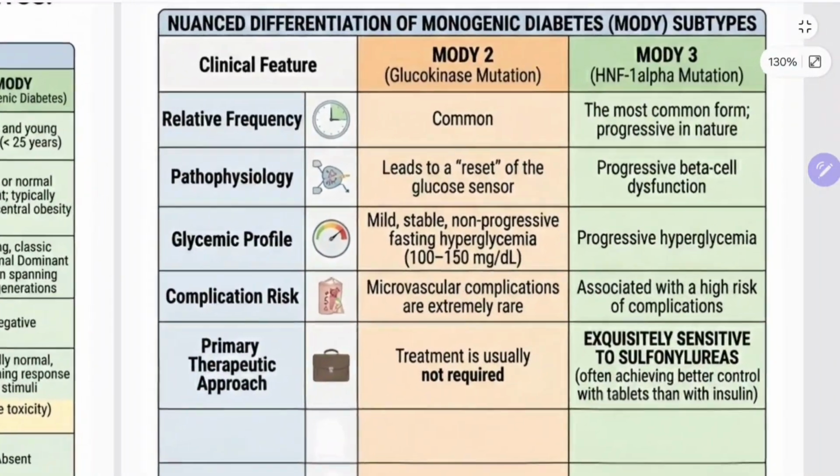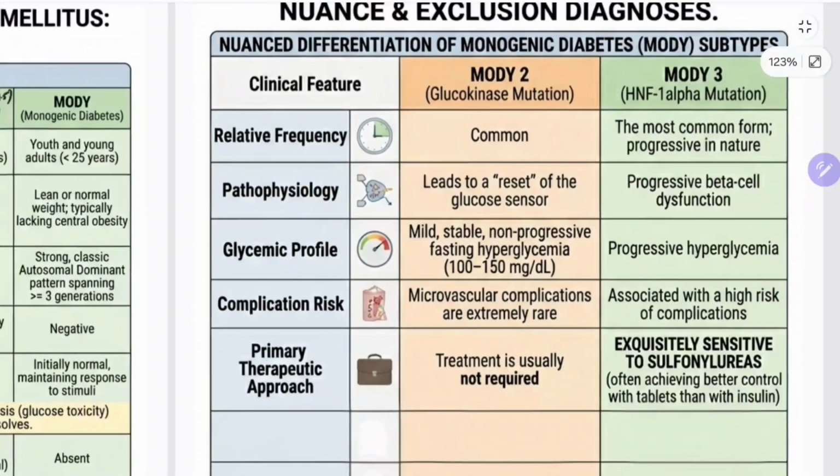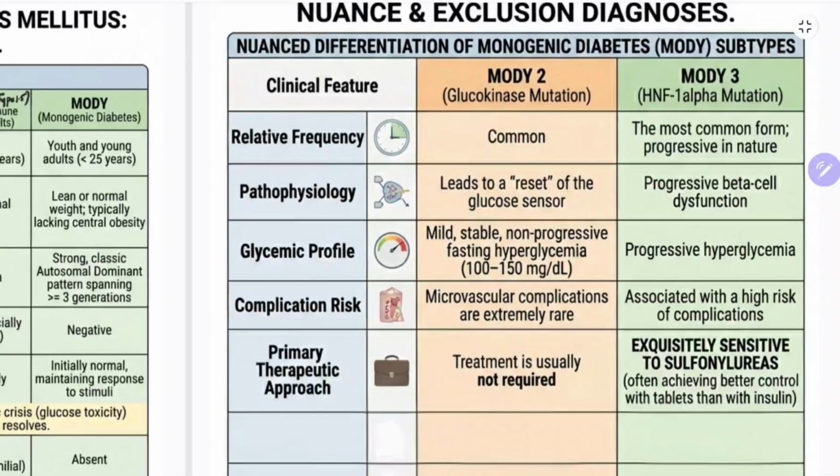Now MODY we have discussed, so remember, no need for this one. There is one type of MODY. Actually I said 3 and 5 are like type 2 diabetes only. 3 or 5, HNF1 alpha and HNF1 beta. The difference in 3 and 5 is only having or not having kidney and genitourinary abnormalities. That's all.